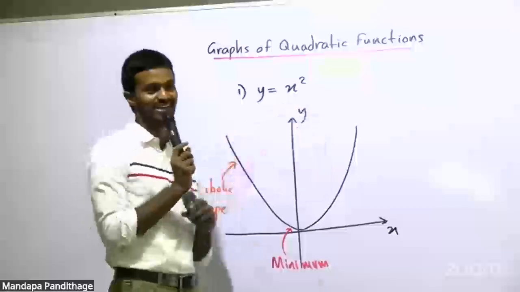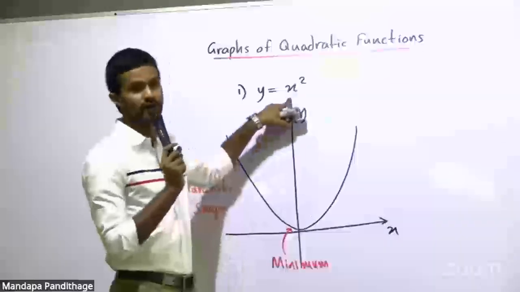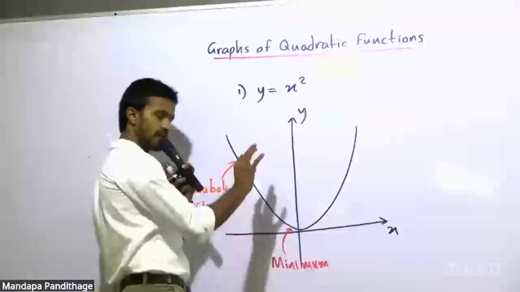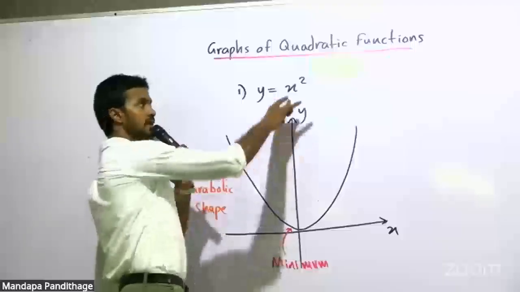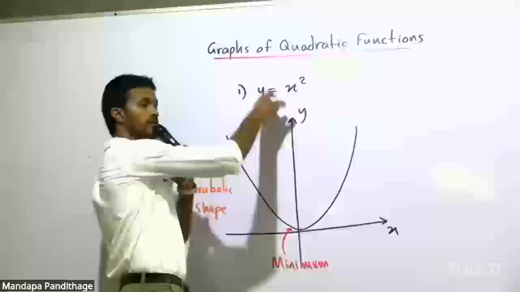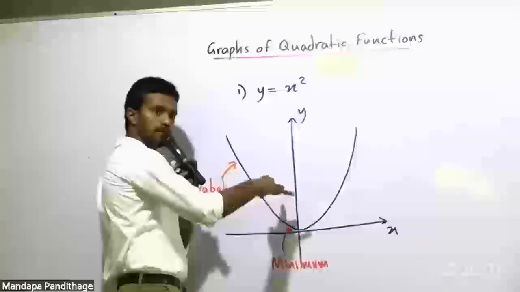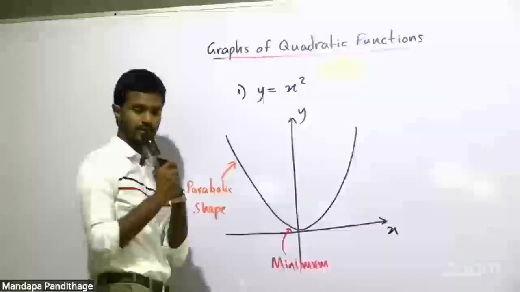It's the sign of the coefficient of x squared. If it is positive, then it is a minimum. If it is negative, then it is a maximum. Clear?